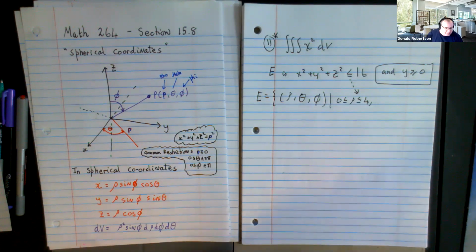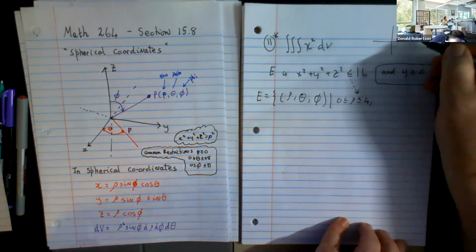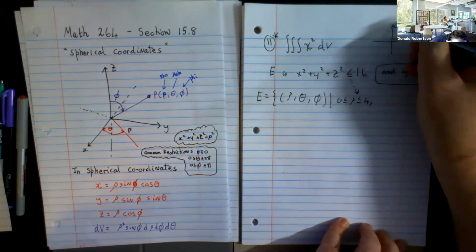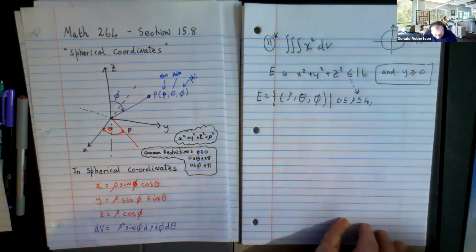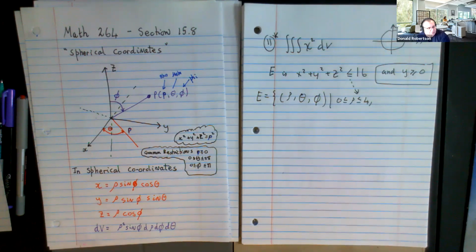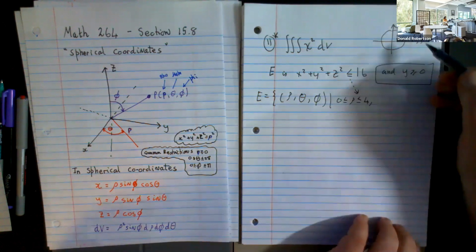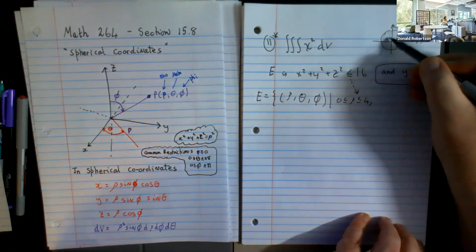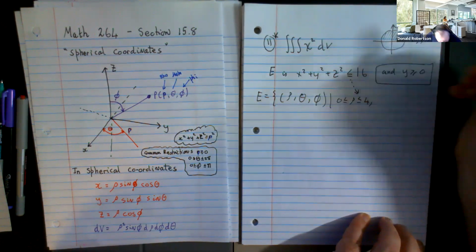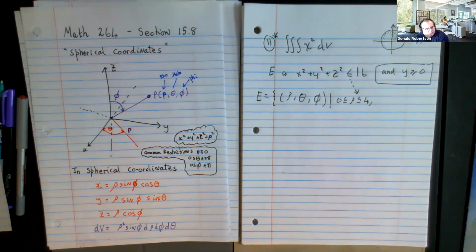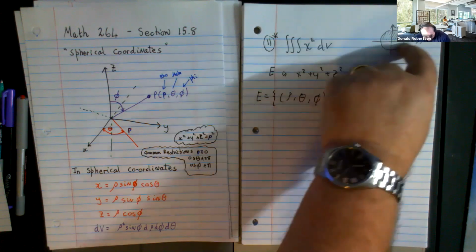If you imagined it being a full sphere, wouldn't it be, at least on the xy plane, a circle? You imagine projecting the thing onto the ground. A full sphere would look like that. But if you're doing y greater than 0, aren't you only using that part? So how do you describe that part?